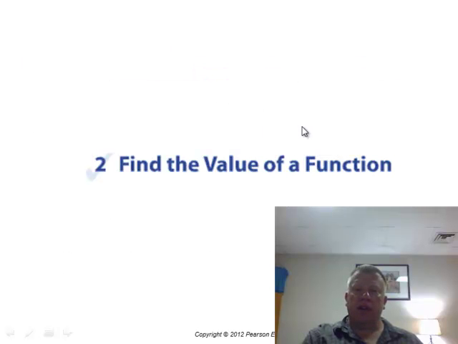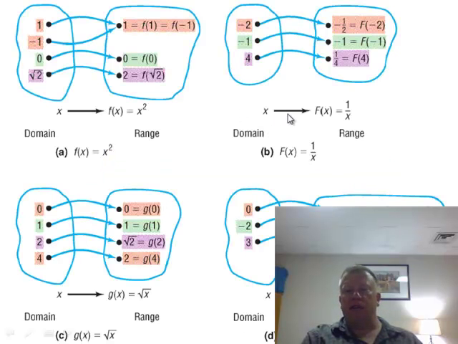Moving along here. Now let's talk about evaluating functions. Finding the value of a function by using function notation. Suppose that we've got f of x is equal to x squared. That means that if I want to know the value of my function f, by the way, we like to give functions letters as names.